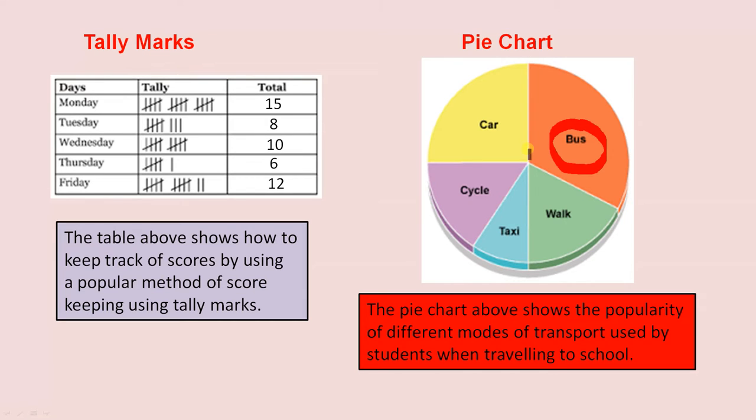It is actually the largest sector. Down here we see that the least popular mode of transport is the taxi. So it's a very interesting and colourful way again of representing data, and it's very easy to look at because it gives you a quick comparison of all the different modes.